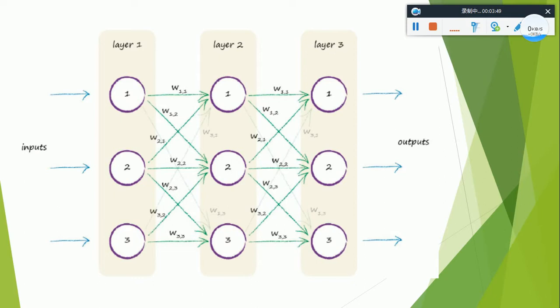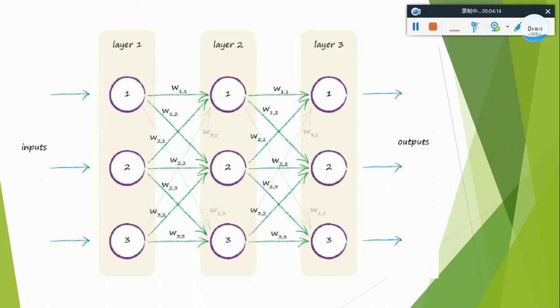We can see that there are nodes in each level, and between adjacent levels there are links connecting the nodes.